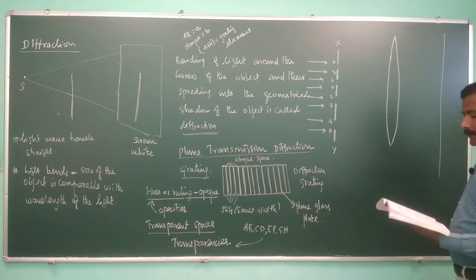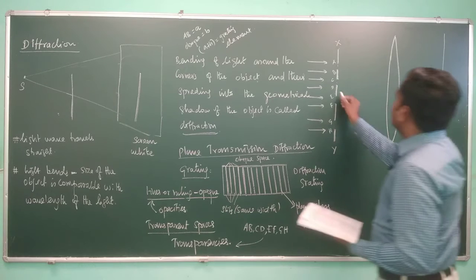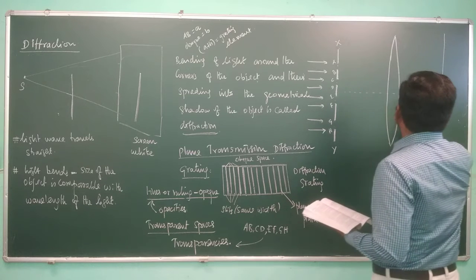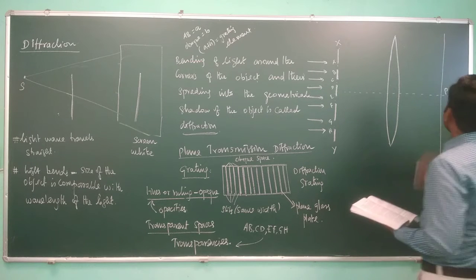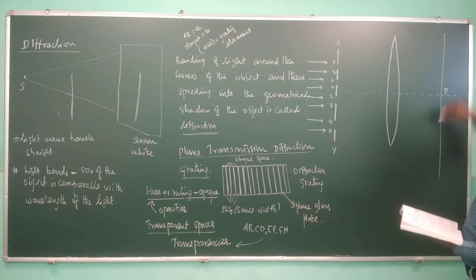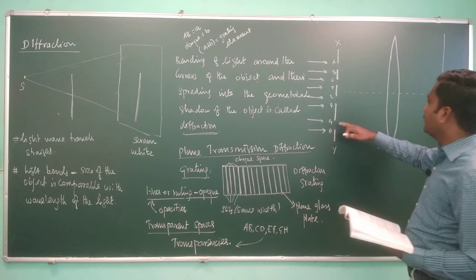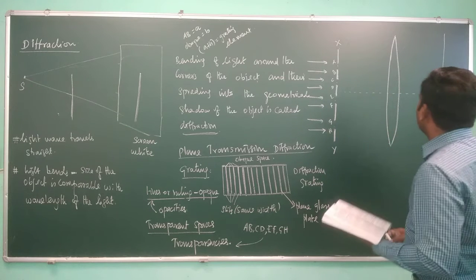Okay, so this is the optical center, and you can say this is the principal axis P for the mirror. Now if you move the telescope, as I said earlier, most of the light rays travel straight. What would happen?